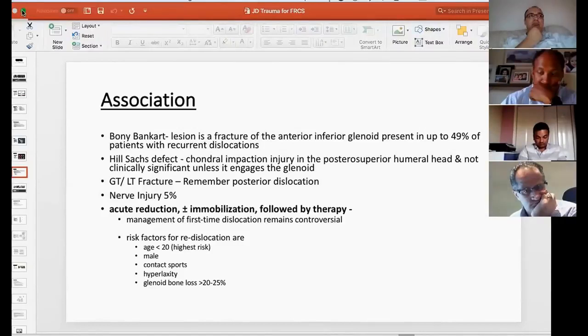If the dislocation happens in a patient younger than 20, a male who plays contact sports, has some degree of hyperlaxity, and has glenoid bone loss of more than 20 to 25%, then you need to have a further bony augmentation or a bony block.